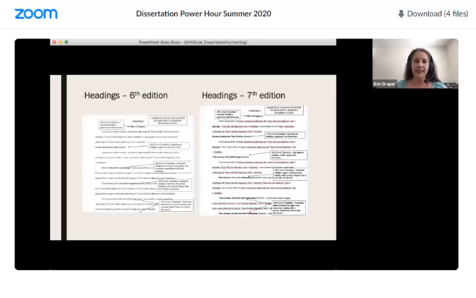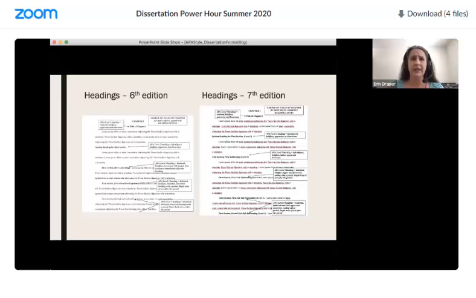And on my next slide, I know it's probably teeny tiny on your screen, but I have 6th edition and 7th edition headings side by side. They are relatively similar, but there are a few differences. So if you are going to be using headings, take a look at this. The sample is in the formatting manual.